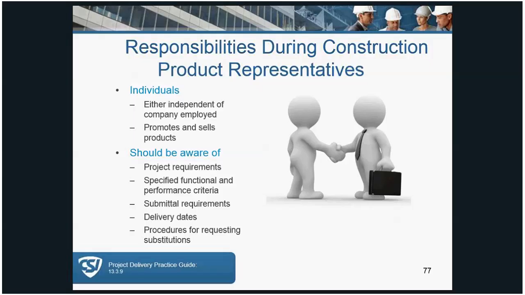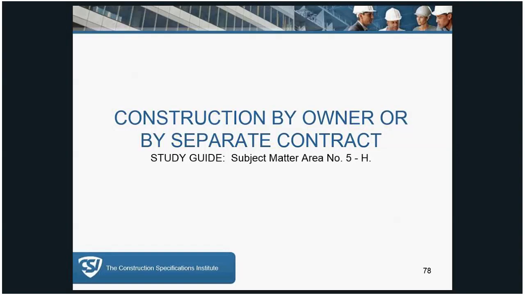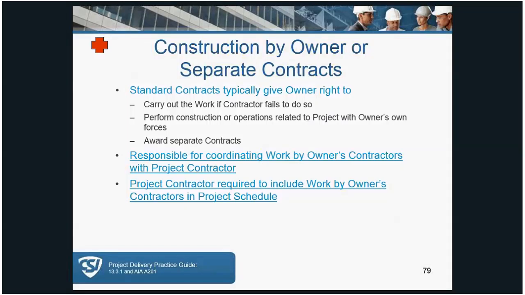Again, product representatives might be individuals that are hired by an independent company or they're hired directly by the manufacturer. They need to be resources for information, but again, not directing construction work. Construction by the owner or by a separate contract. It's not uncommon for an owner to have separate contracts for furniture or maybe security systems or specialty things that take place.